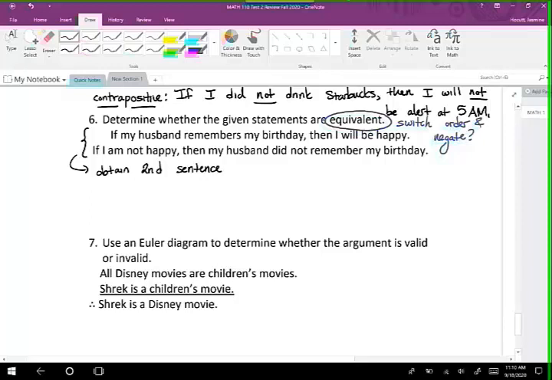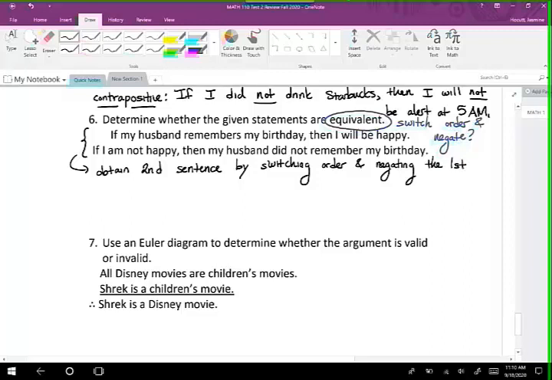We put the happy part first, and we also put nots in, so we negate it as well. So we obtain the second sentence by switching order and also negating the first sentence.